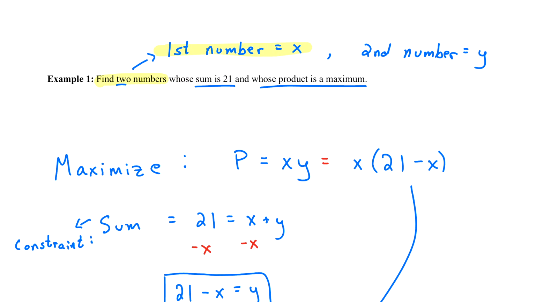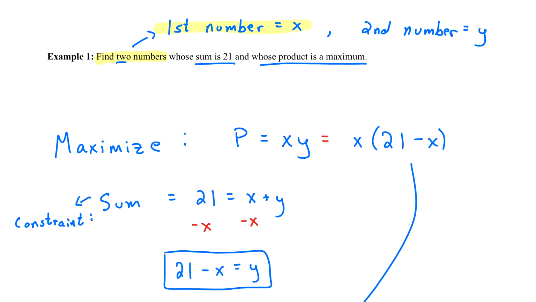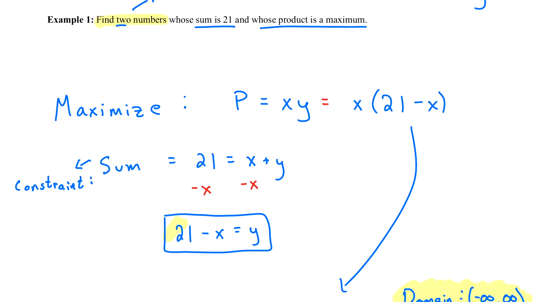Now, I could, if I wanted to, repeat most of this whole process and solve. The big difference here is I would solve for x instead of solving for y. But what's nice here is when we have a constraint like this, hey, look at that. y equals 21 minus x. That actually gives me a way to very quickly solve for y because I already know that x is equal to 10.5. That we just solved for. We verified that we had a maximum there.